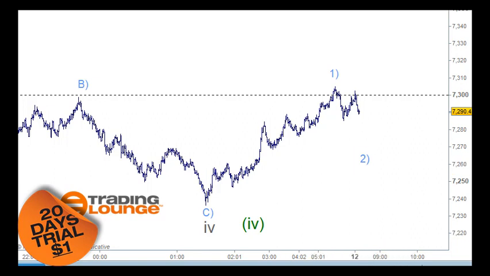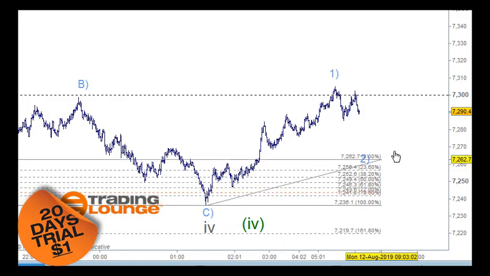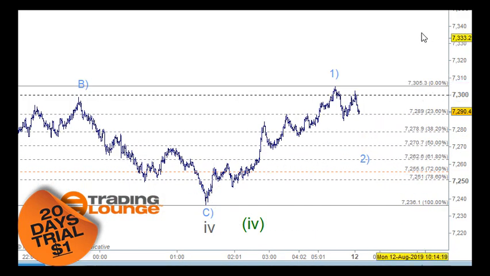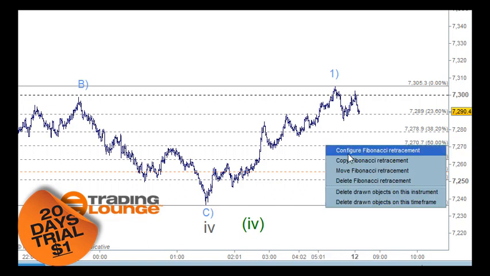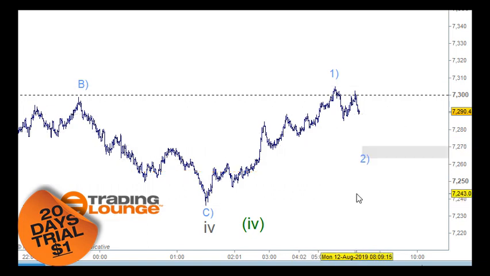So we're looking for wave 2 to pull back, which doesn't have to, but can pull back to the 50-60% retracement level here. It's always just good to put that in, but also not to marry that situation either. It's more important to count the structure.